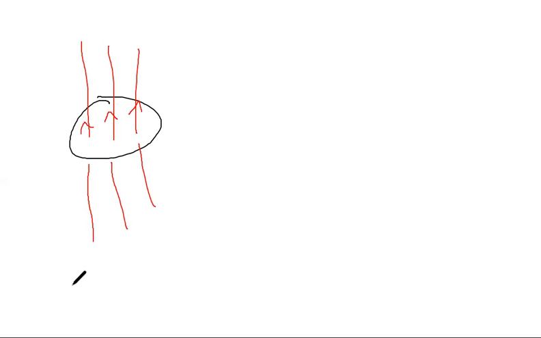But if I try to add an extra magnetic field line through the loop, if I try to add more lines, what actually happens is that there will be an EMF around this loop of wire. The EMF will point as if it's trying to prevent you from adding the line.